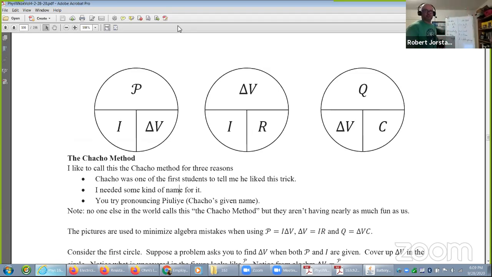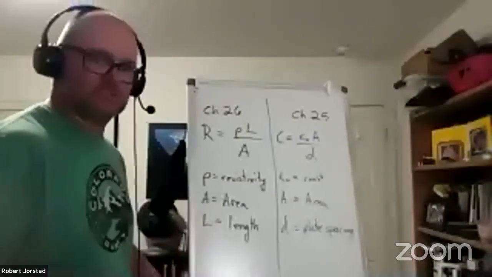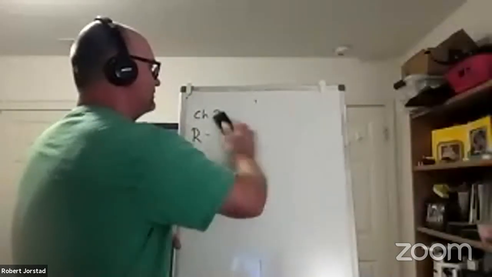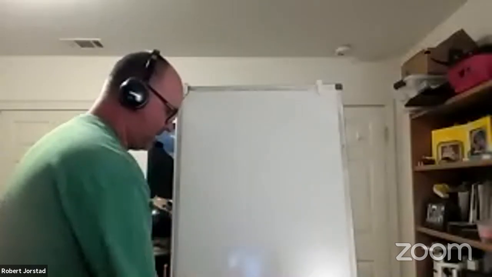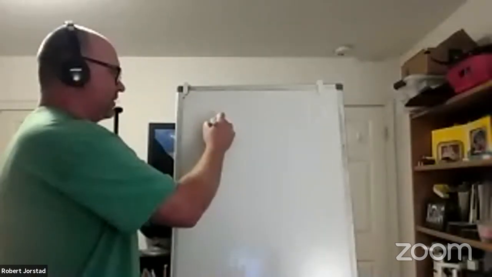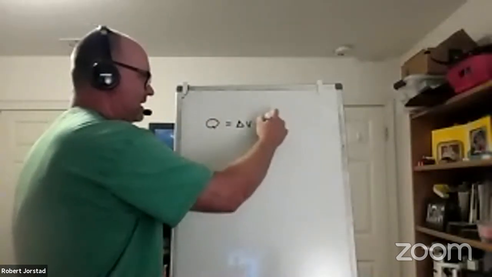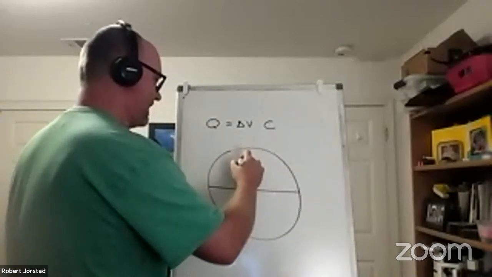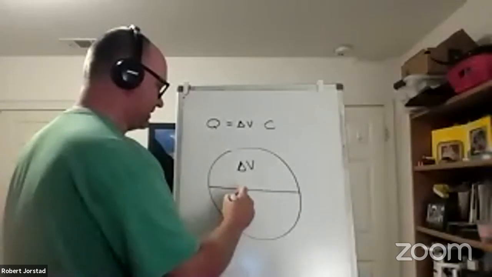All right. So let me show you how these work really quick too. It's just a quick device. If you haven't seen these, I just remember Q equals VC, or I have an equation sheet. But now if you look in this one, let's say we have delta V equals, wait, what is it?